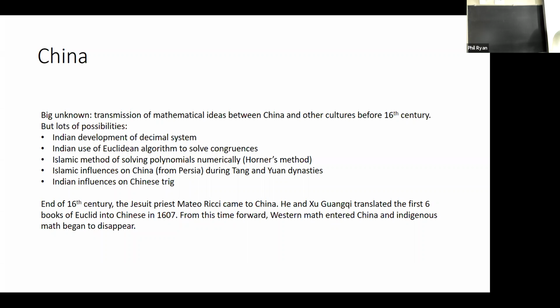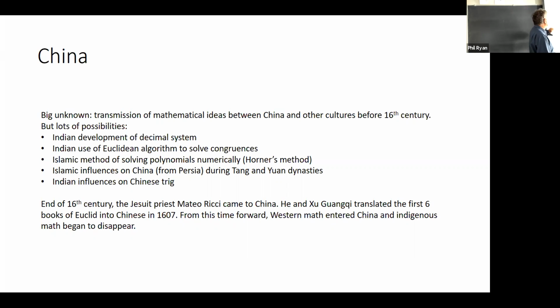And Yuan, I hope I'm pronouncing these right, that's when the Mongols ruled China. And there's definite Indian influences on Chinese development of trigonometry. But people would like to know a whole lot more about that.